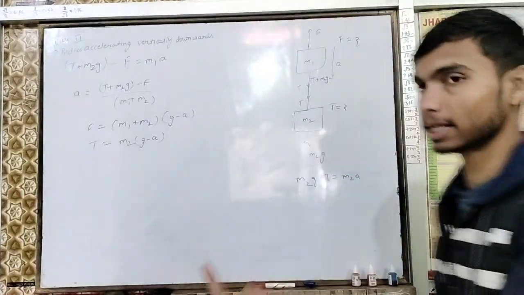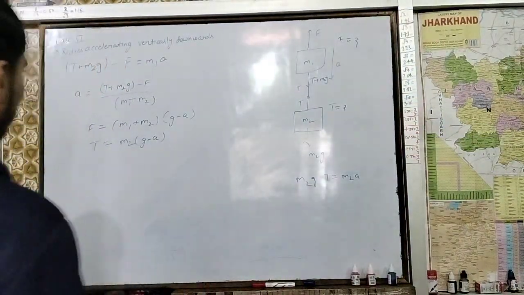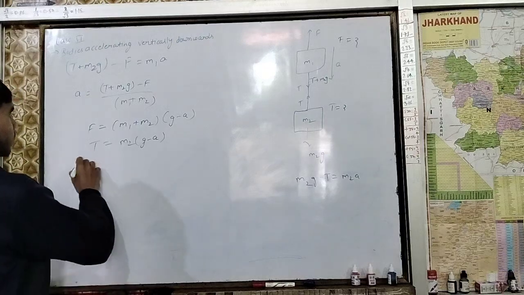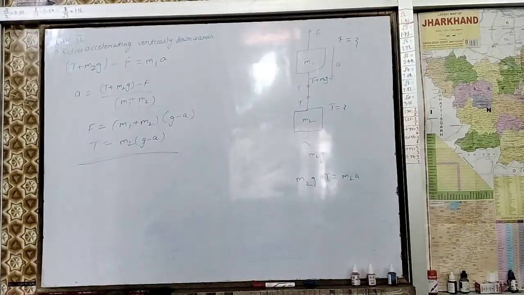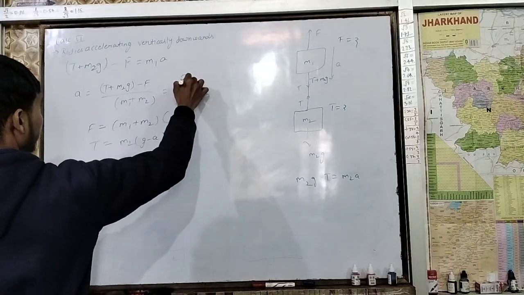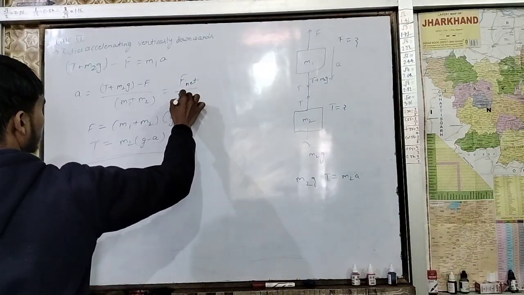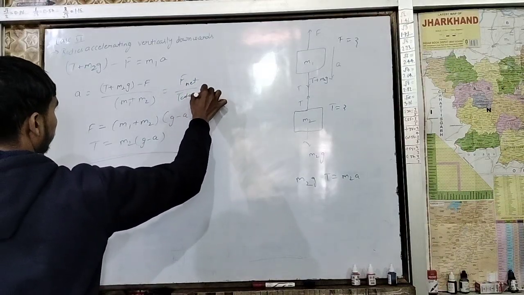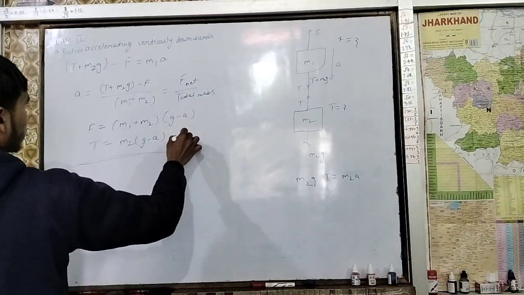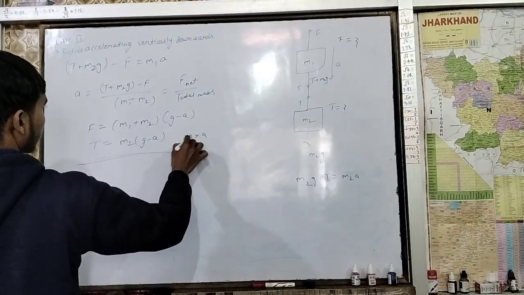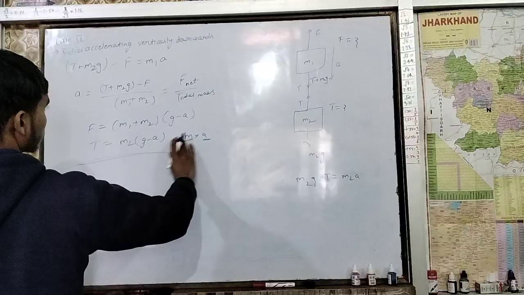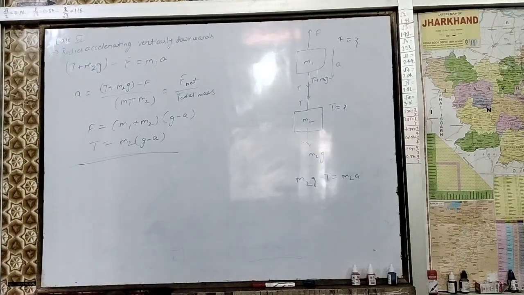Clear? Here even you can say F net upon total mass. Same thing we are getting: total mass multiplied by total acceleration, g minus a.